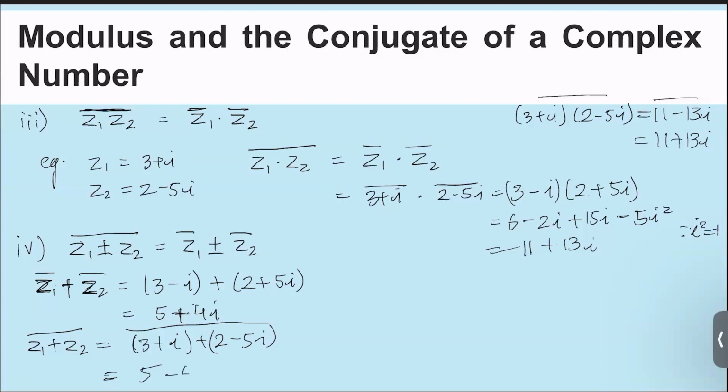Over here, first it becomes minus 4i. Okay, so the conjugate is then 5 plus 4i. So you can see this relation also holds well when we are trying to see the examples of it.